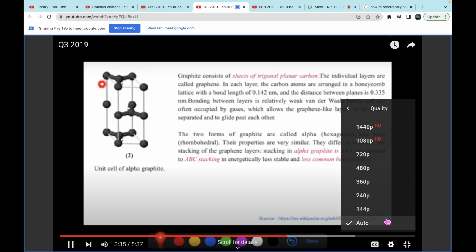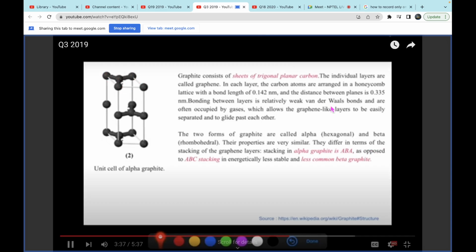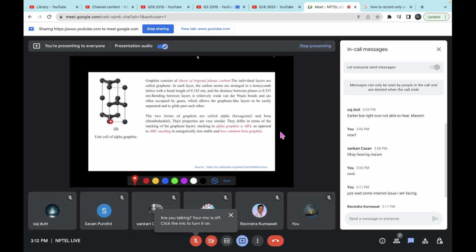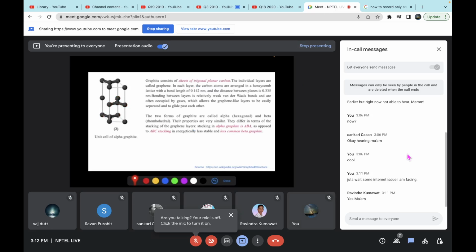If this is the A pattern, it is repeating in the third one, and in the middle it is a different pattern. So it's called ABA stacking in alpha graphite. In beta graphite it is ABC stacking, and it is energetically less stable, and therefore it is less common.